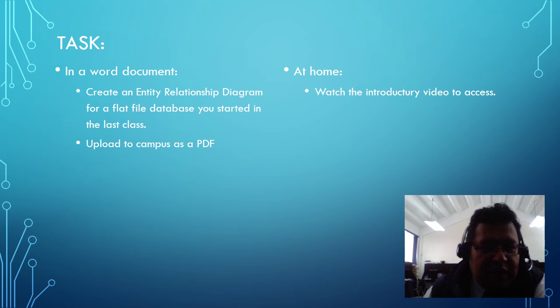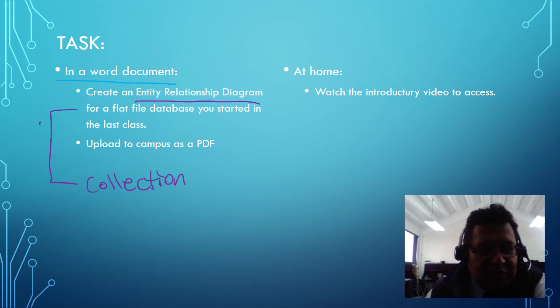So right now your task is to create in a Word document an entity relationship diagram for a flat file database you started in class. Remember last week I asked you to start thinking about an entity and its properties for a collection that you have, right?